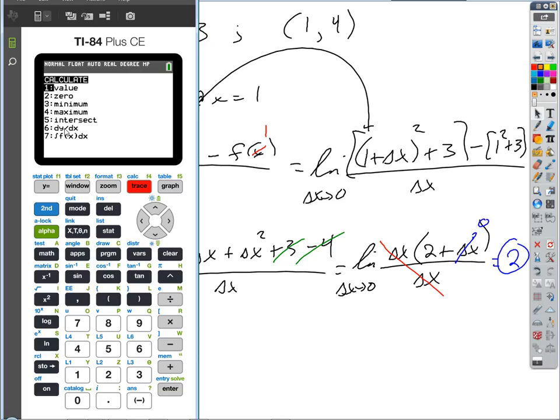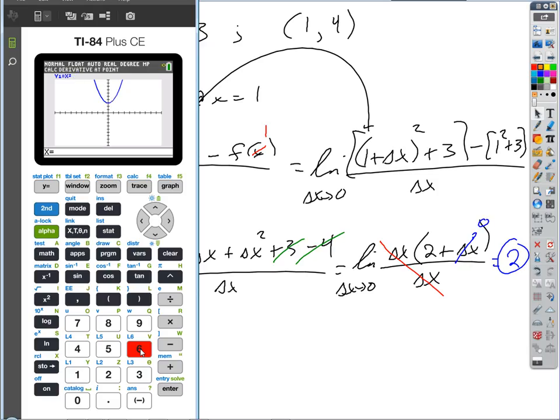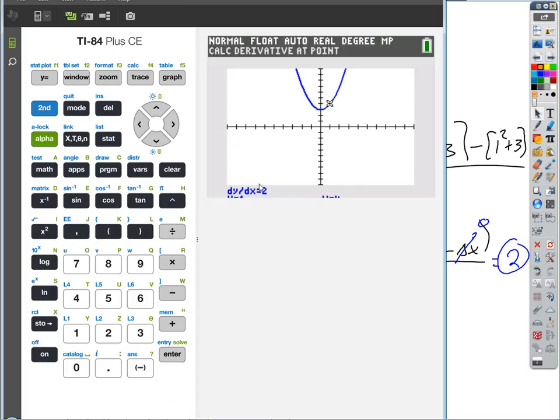That means slope of the tangent. 6 does. Then I have to type in a value. If I type in the value 1 for x and hit enter, it tells me that the slope is 2.